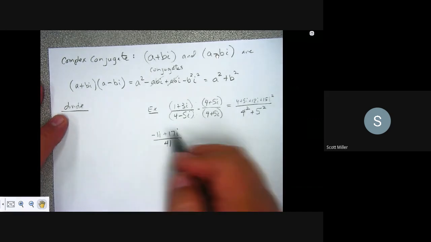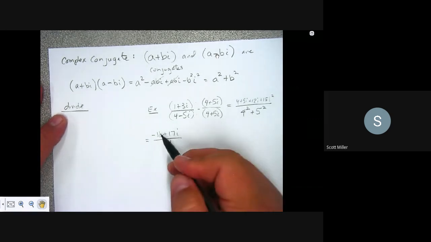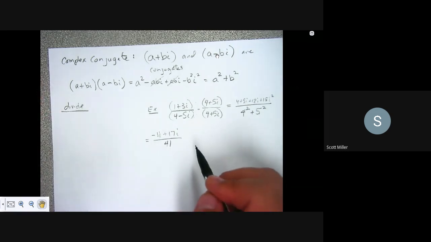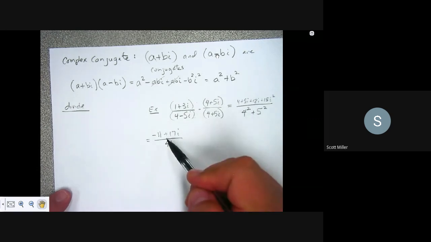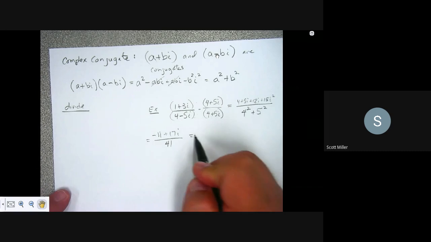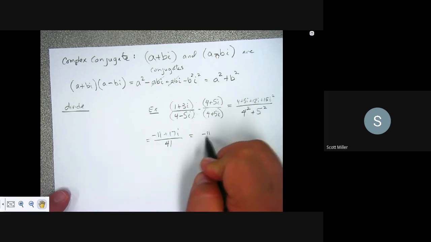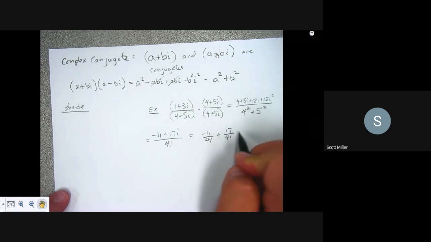Now, some people think you can stop right here. This is not proper. This is not in complex number form. Complex number form is a plus bi. This is a fraction form of something. Okay? This division is still in play. You actually need to split this apart. So you have to write it as negative 11 over 41 plus 17 over 41 i.